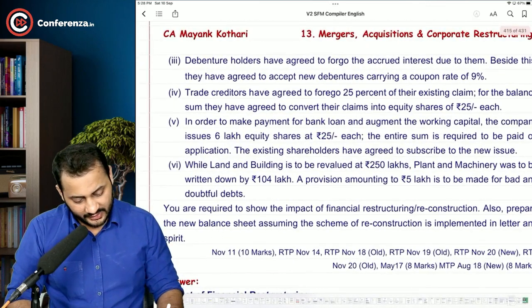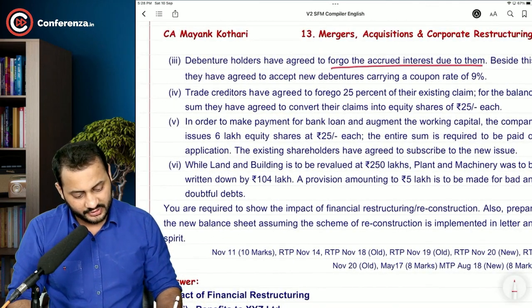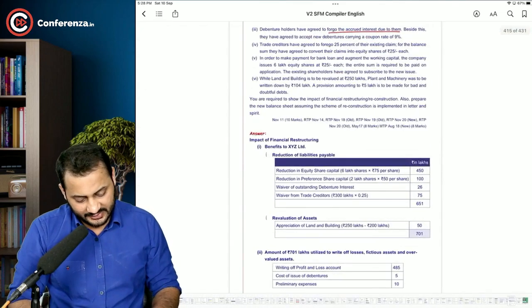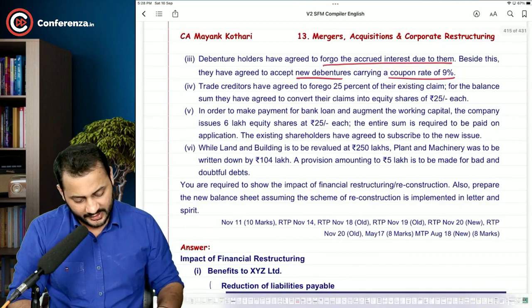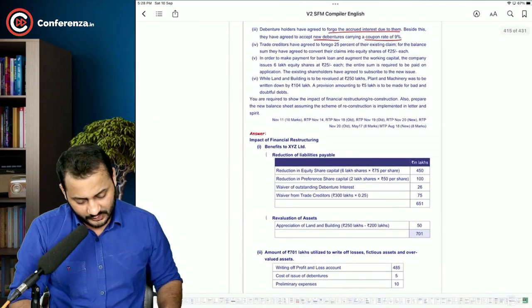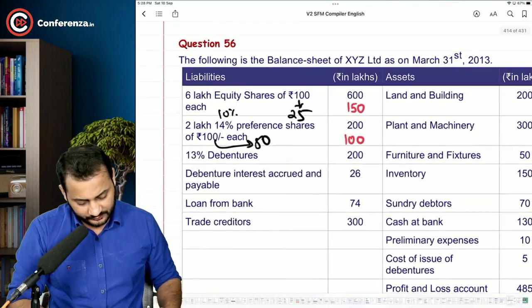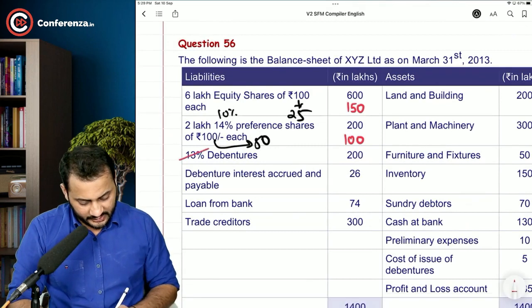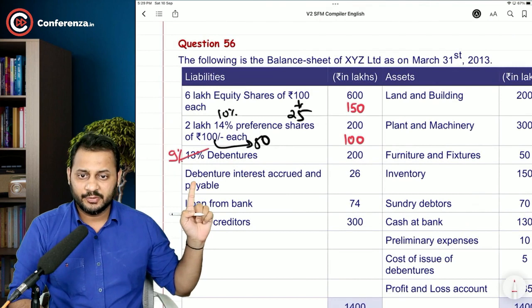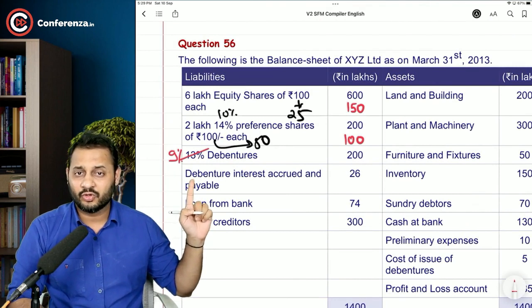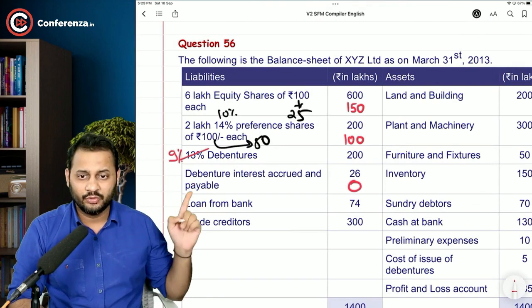Debenture holders have agreed to forego the accrued interest due to them. Besides this, they have agreed to accept new debentures carrying a coupon rate of 9%. See, a couple of more things. This 13% debenture will now be only 9%, and this debenture interest, they are ready to forego this amount, so it will get zeroed.